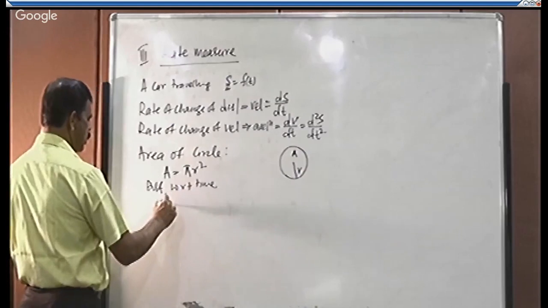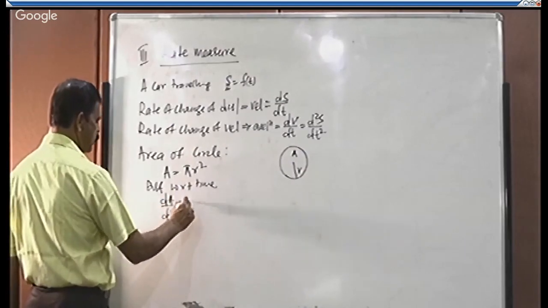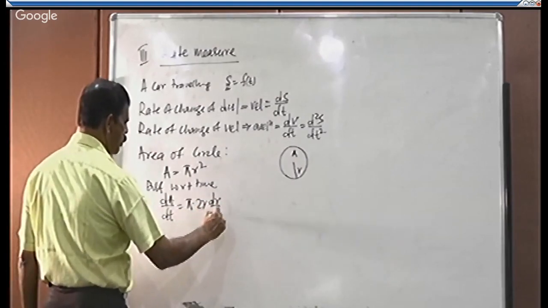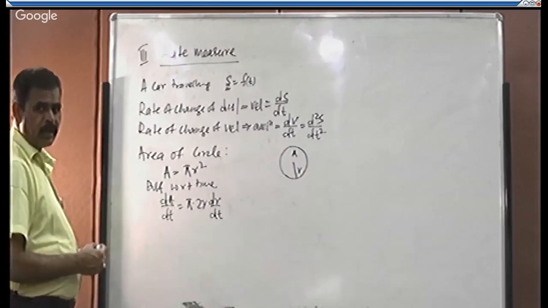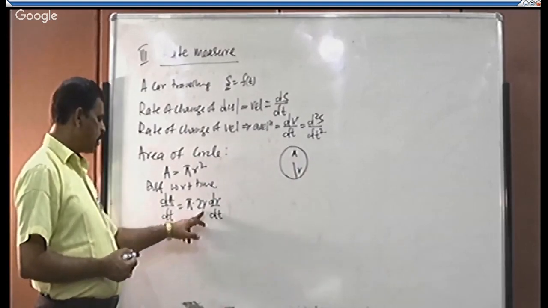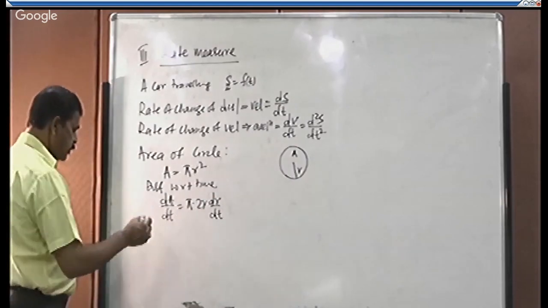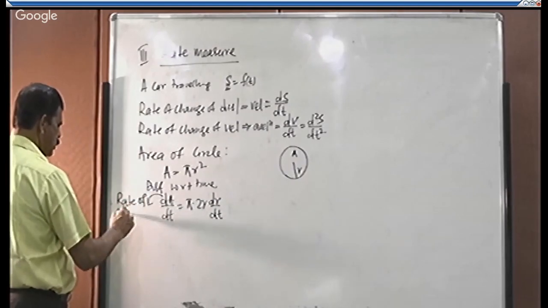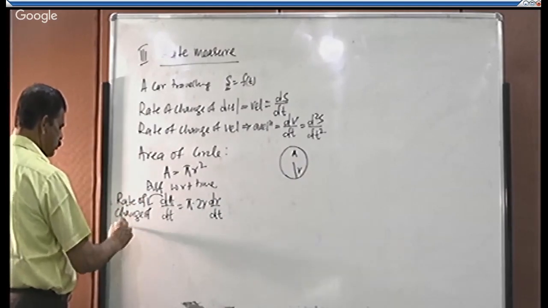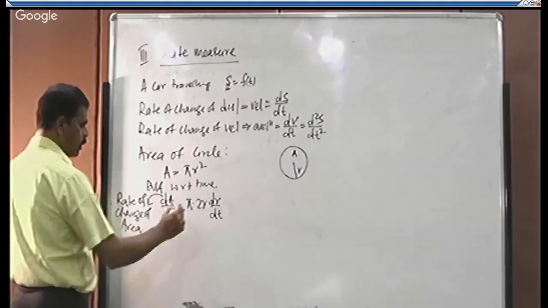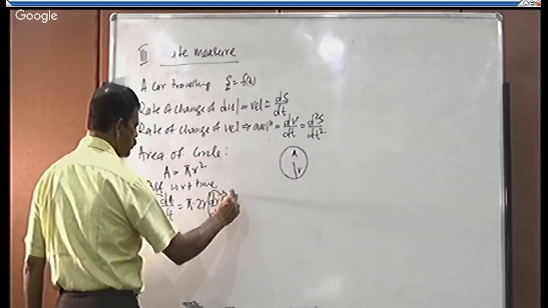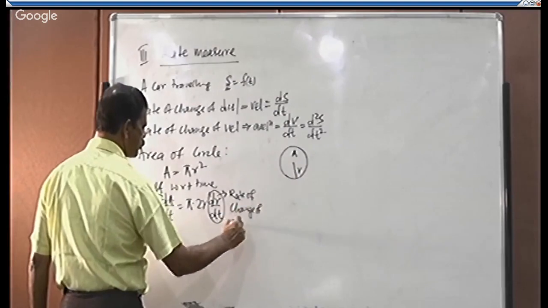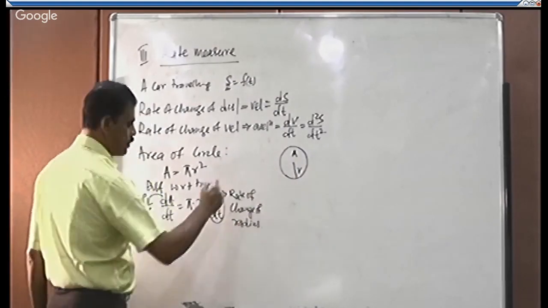You get dA by dt is equal to pi into 2r into dr by dt. This dA by dt is said to be the rate of change of area. dr by dt always indicates the rate of change of radius, right?